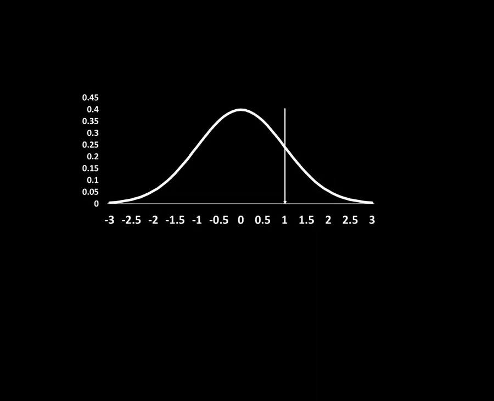That's because probability is actually the area under the curve, and there is no area under a single point in a continuous distribution. But we can ask the question, what is the probability of getting a value as big as 1 or bigger? So if I were to take a random sample from this population, what's the probability that I'm going to get a value at least as big as 1 or bigger, anywhere under this part of the curve right here. Okay?